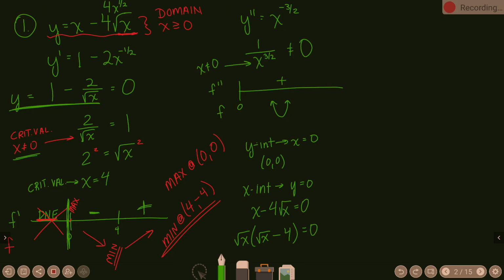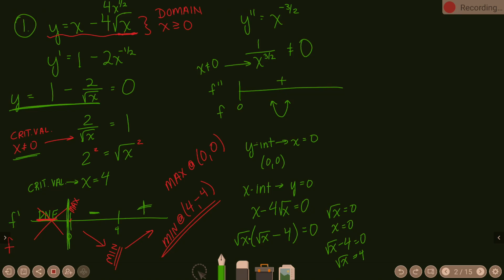And what you can do here, as I said, it's not typical, but you can set each piece equal to 0, right? And so you have square root of x equals 0, which is just going to be x equals 0, and square root of x minus 4 equals 0, which means square root of x equals 4.